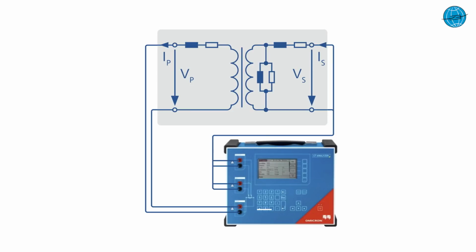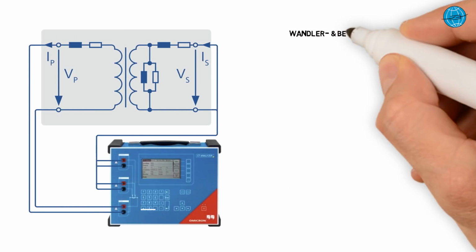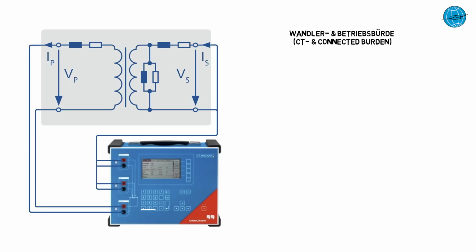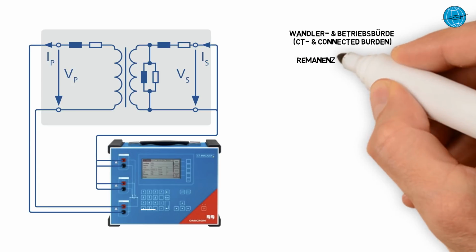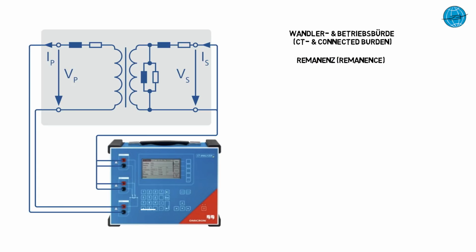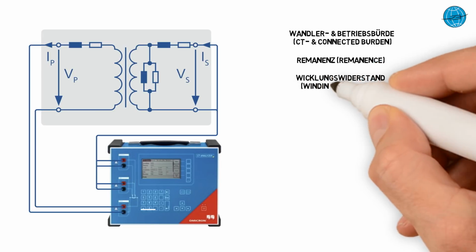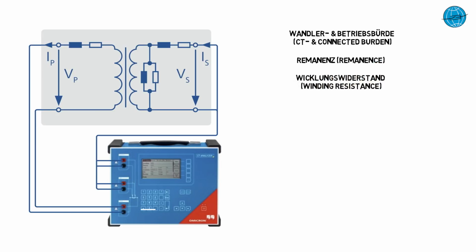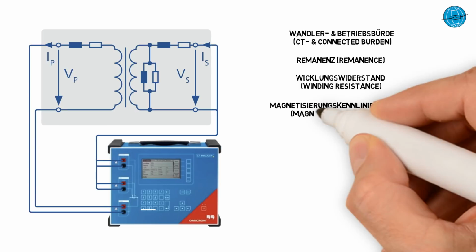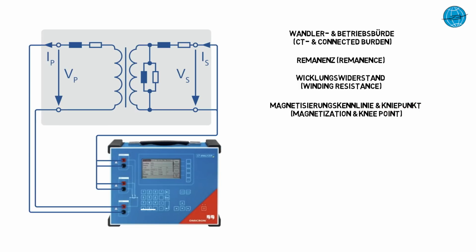The following tests are generally possible with the CT Analyzer. The measurement of the CT and the connected burden. Determination of the remanence. Determination of the winding resistance. Measuring of the magnetization characteristic and the knee point voltage.